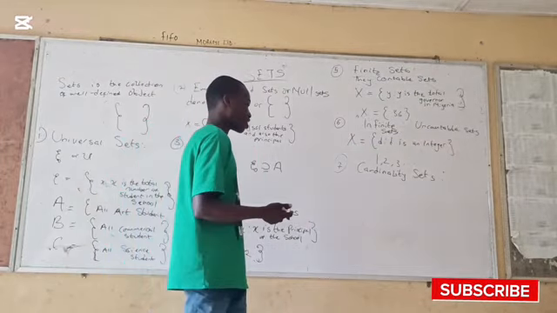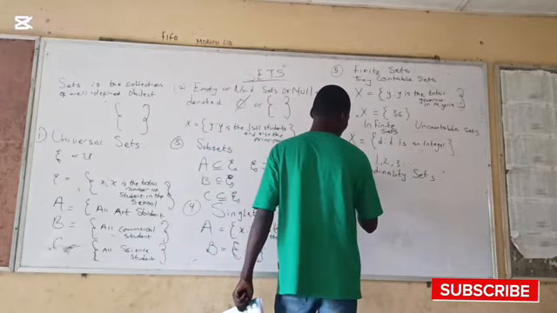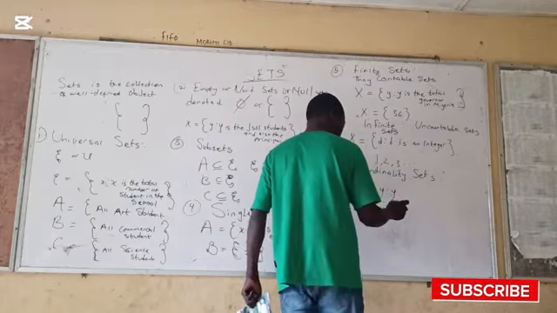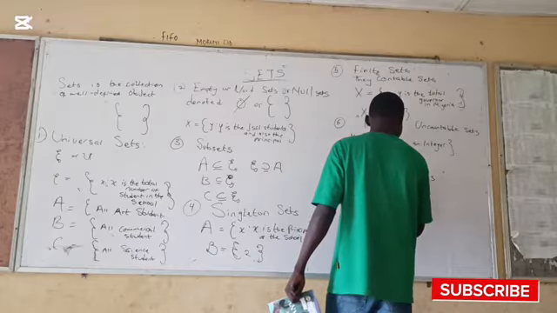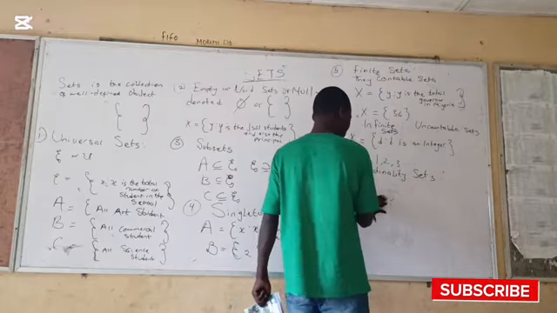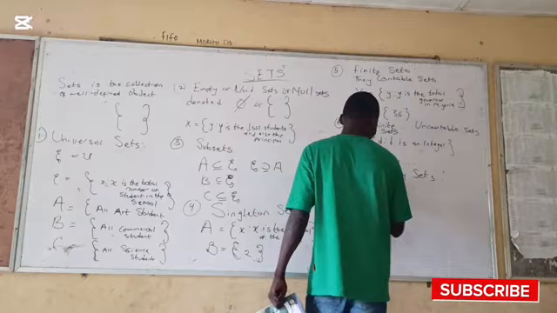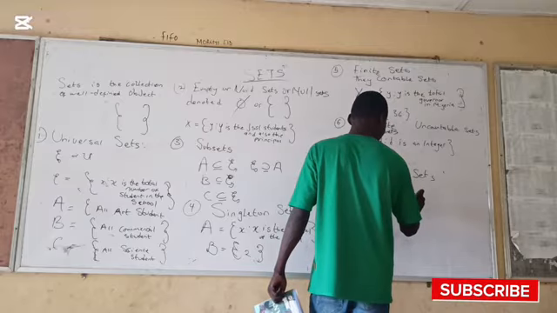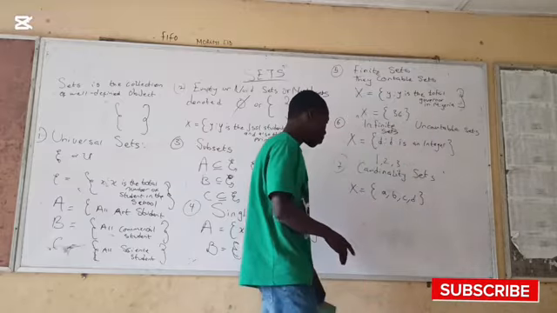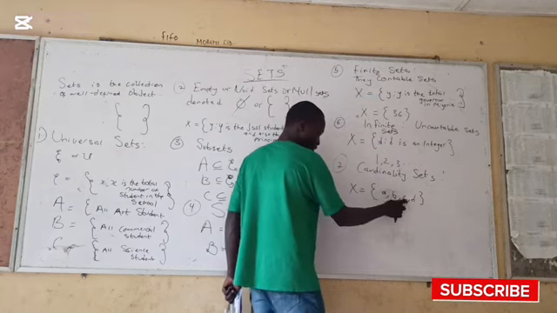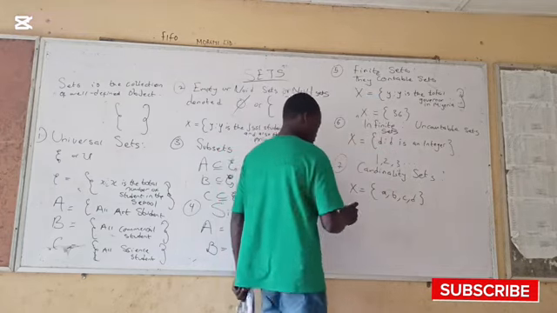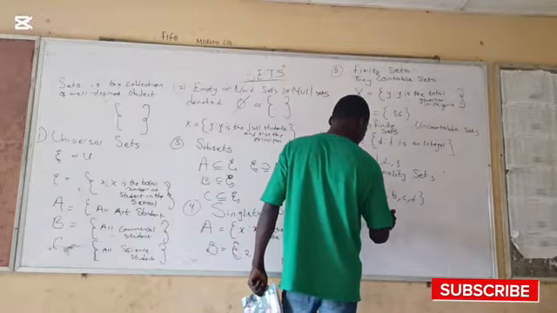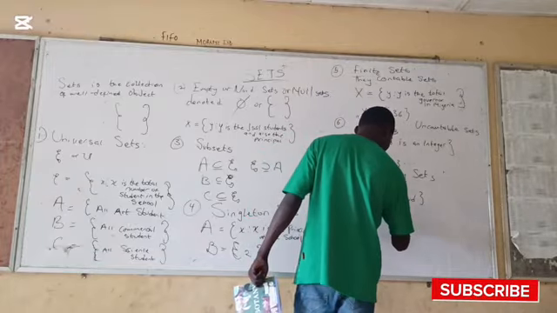When we talk about the cardinality set, for instance, in set x you have the elements a, b, c, d. How many elements are here? We have 1, 2, 3, 4. We have 4 elements. Therefore, you just write it as n(x) = 4.